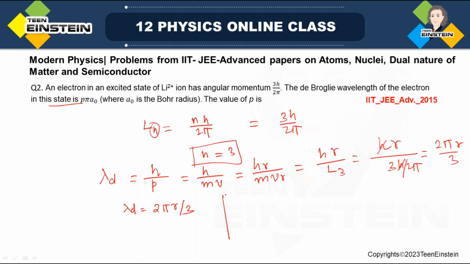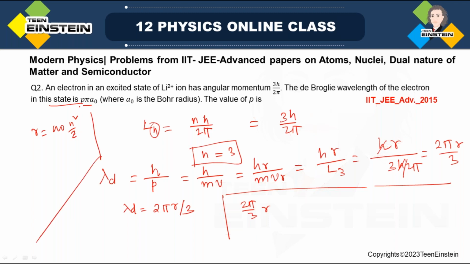Once we get that, what else can we do? We have to find out the value of P. So we can just compare with this, 2 pi by 3 r. So this r also we have to write. r is actually a0 n square by Z. So for the lithium 2 plus ion, a0, n is 3 so it is 9, by Z is 3.